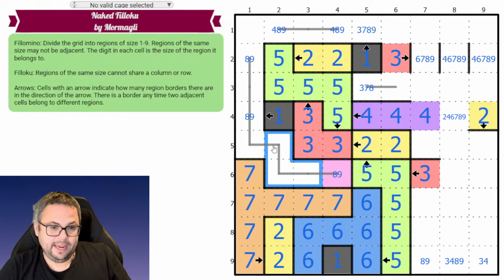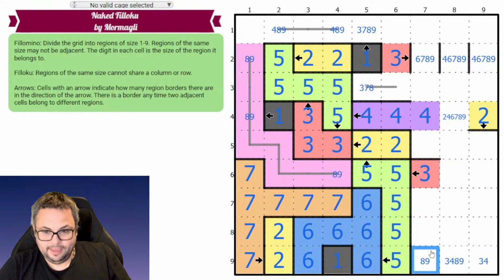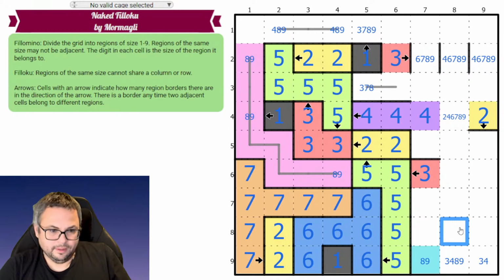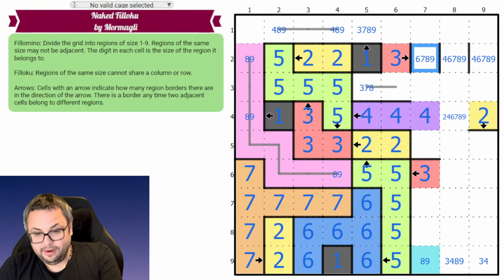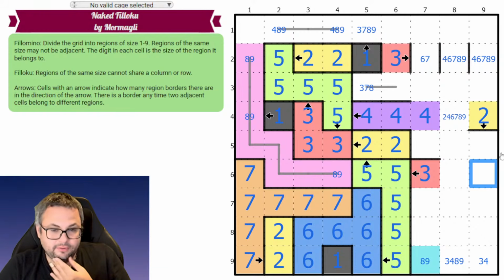We've got the pink 8, 9 and the lighter blue 8, 9. So correct. So this is not an 8 or a 9 because it sees an 8, 9 pair. Very good. It's a 6 or a 7.